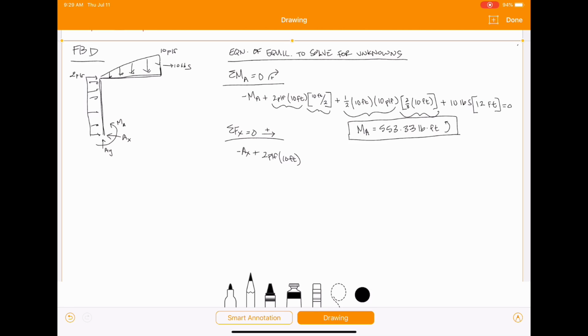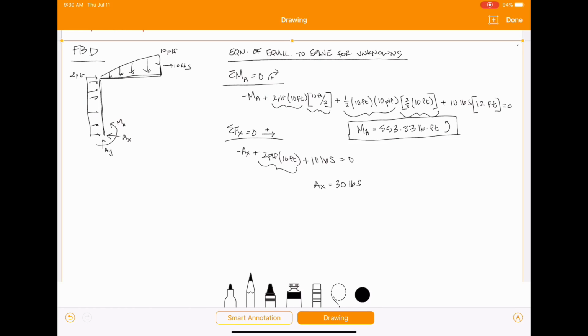Again, this is just the area of that rectangle. And then we're going to have our point load, which is going to be a plus 10 pounds equals 0. You can solve for AX, which is going to equal 30 pounds.